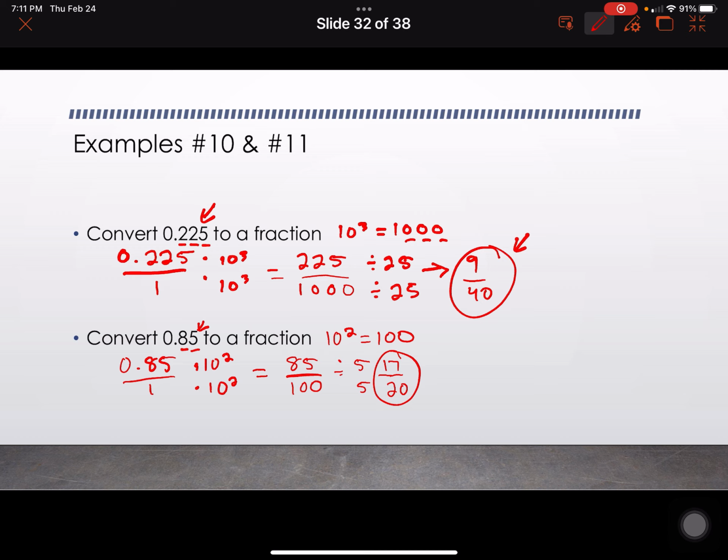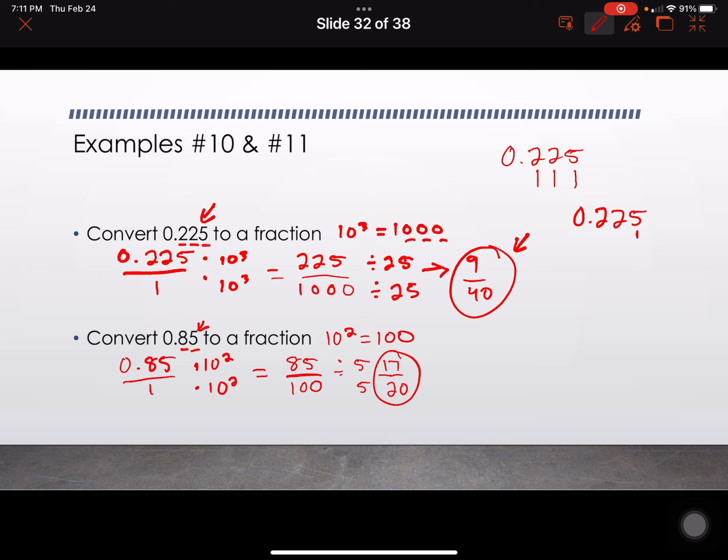So there's a shortcut here if you haven't noticed. Once you understand the concept, if you're comfortable with the name of the decimal places, like with 225 here, we have tenths place, hundredths place, thousandths place. Once you have that down, you'll be able to run through these a little bit easier because you would know that this decimal, 0.225, is said 225 thousandths.